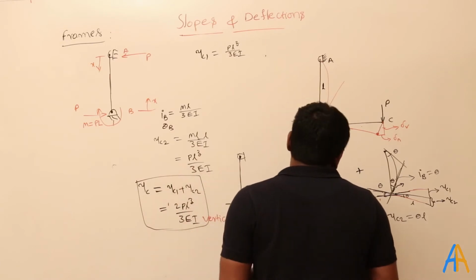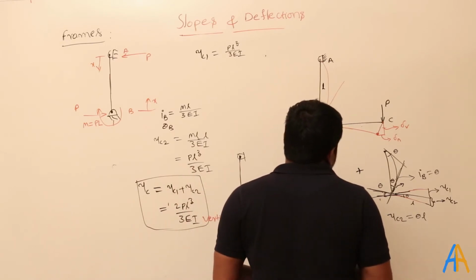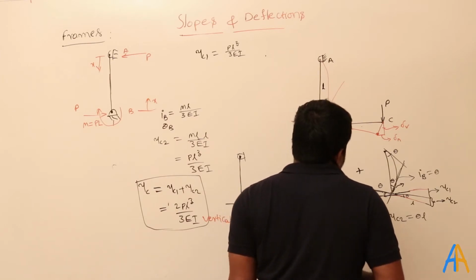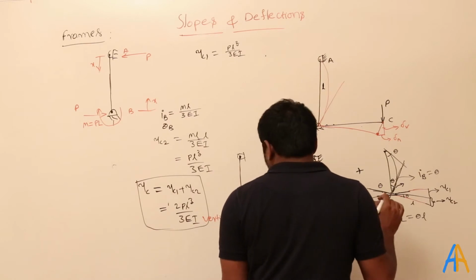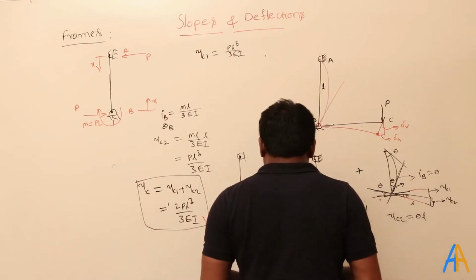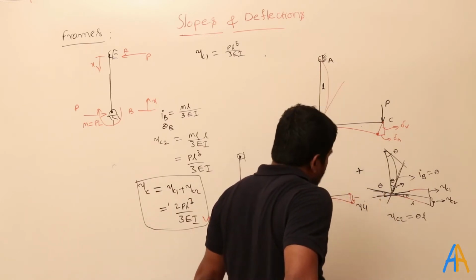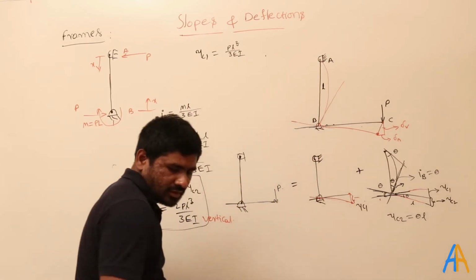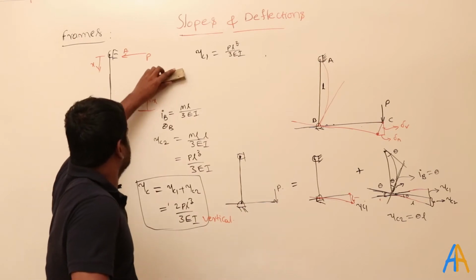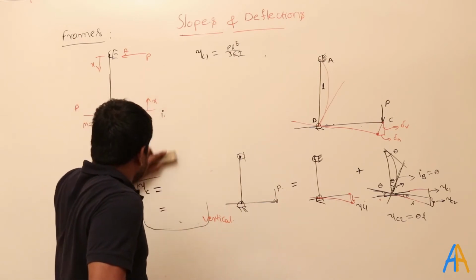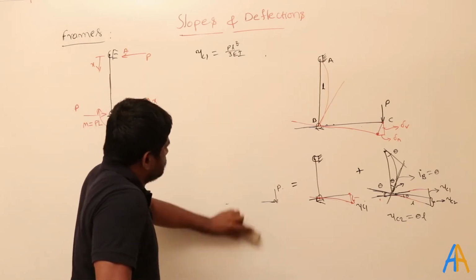Here in this case it is difficult to find this delta here. We will see how to find it by using the other method. But if you are unable to visualize this in the examination, then how to do this? By using the strain energy method.